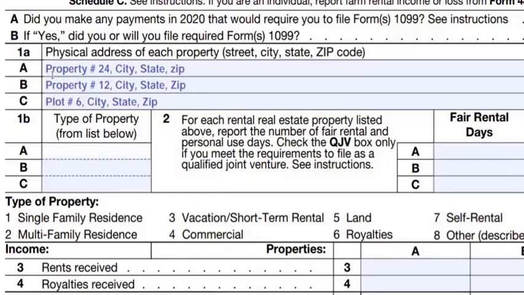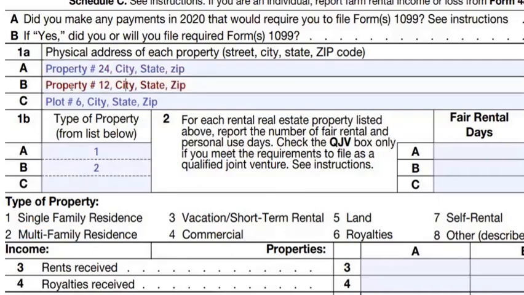So on line A, property number 24, it could be number 1. When it is number 1, I can easily identify that property number 24 is a single family residence. Easy. Number 2, maybe on the B line they have written number 2. I can easily identify it's a multi-family residence.